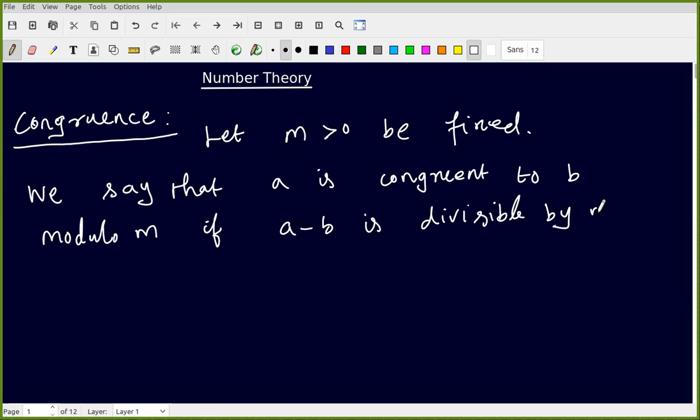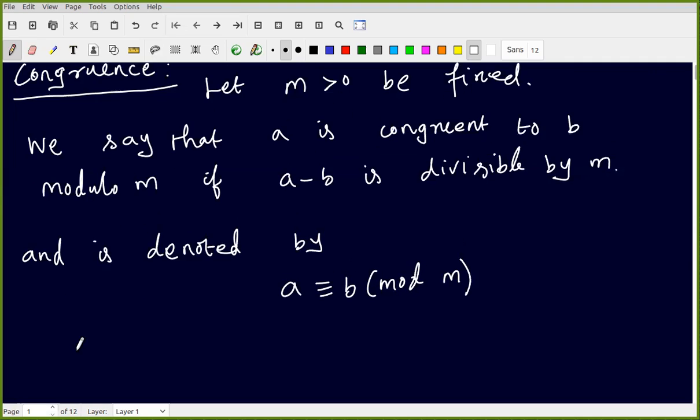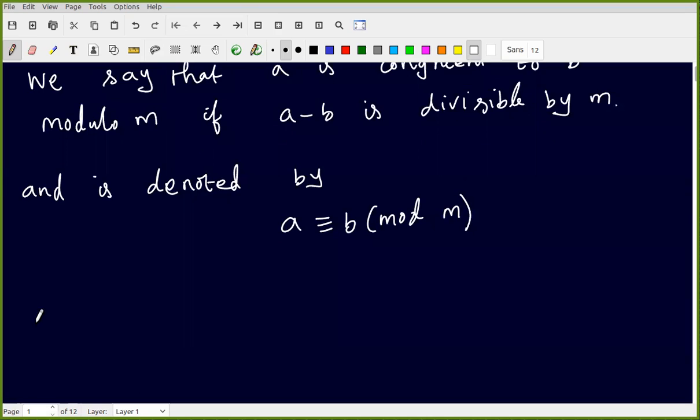It is denoted by a, the equivalence symbol, b, and in the bracket we write modulo m. The m is called the modulus value. Here m is called the value of modulus.